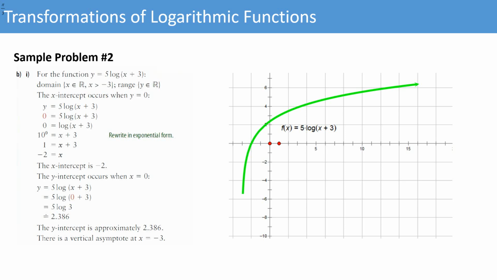So now onward to the y-intercept, and we set x to 0. We get y equals log of 3. To calculate that, we use our calculator, and we get 0.477. So the vertical asymptote is at x equals negative 3. We round it.